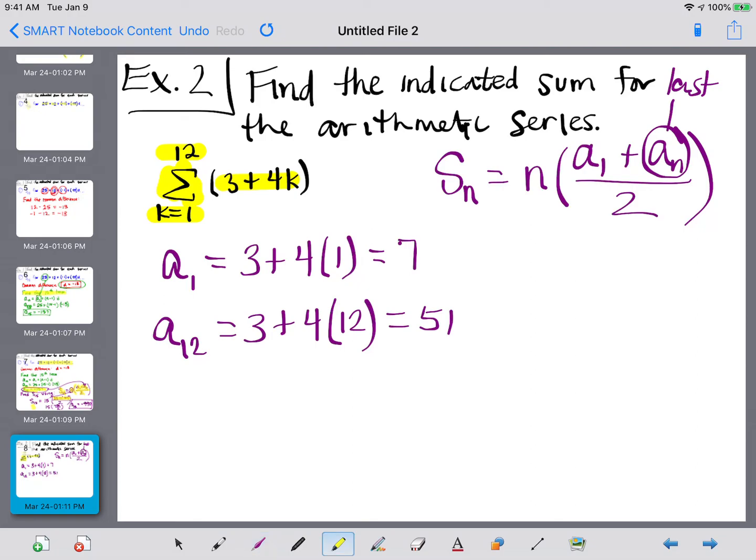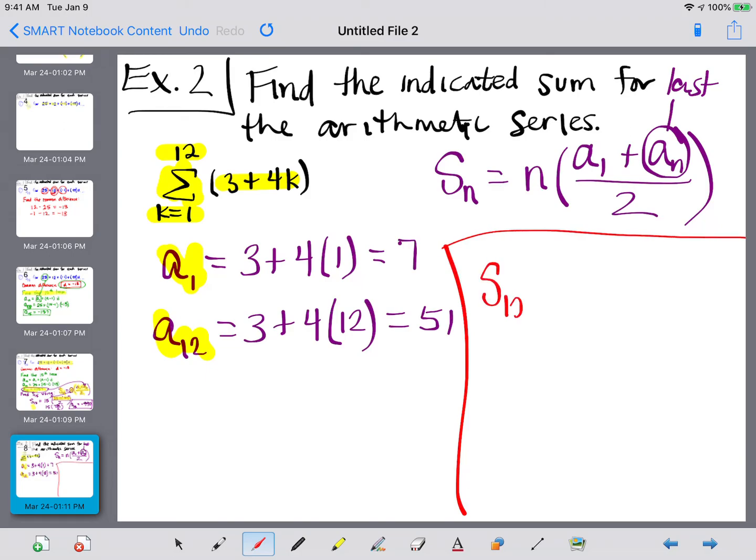Now that we have the first term and the last term, we can plug it into our summation formula. So to find S sub 12, the sum of the first 12 terms, n is 12, we can plug it in there. The first term of this sequence is 7, plus the last term of the sequence is 51, all divided by 2.